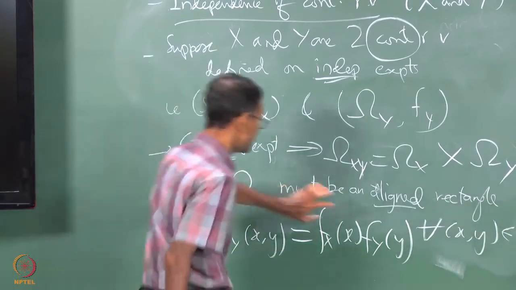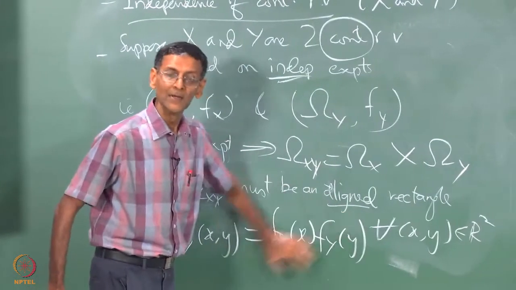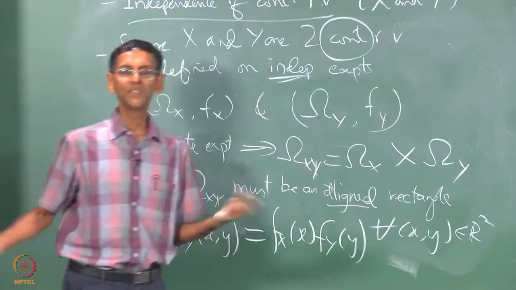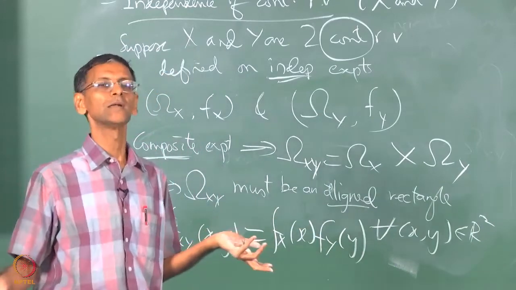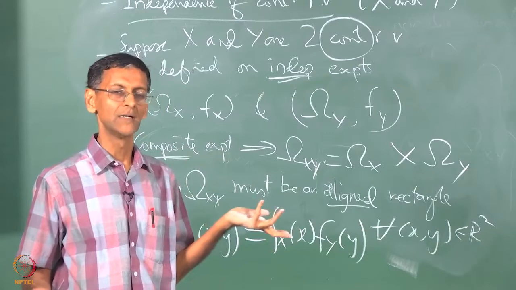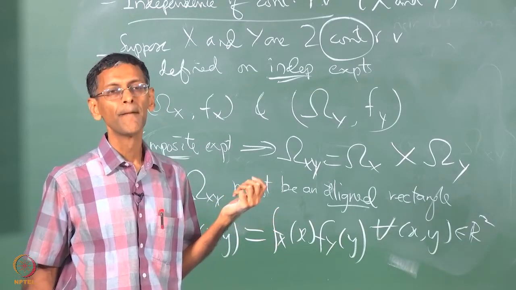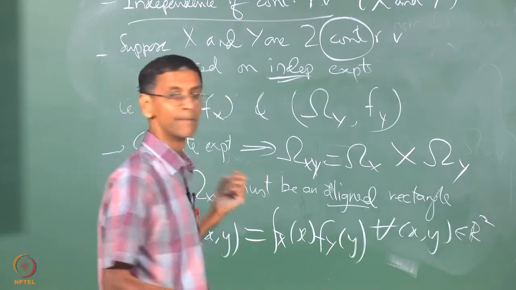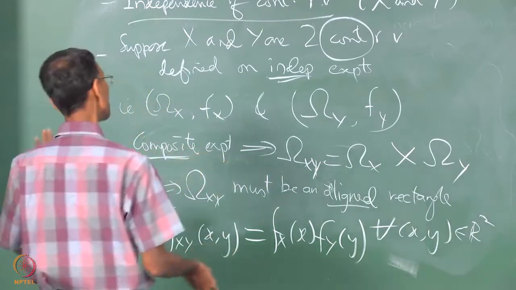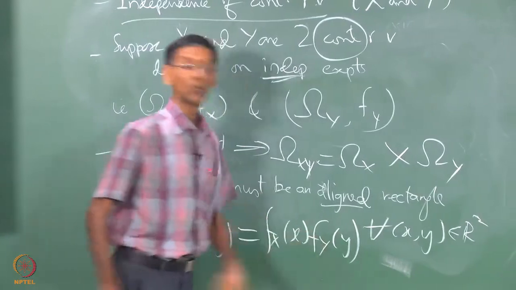This is 0 outside omega X, this is 0 outside omega Y, and this product will be 0 whenever either x or y is outside its range. So any point outside omega XY will give you 0.